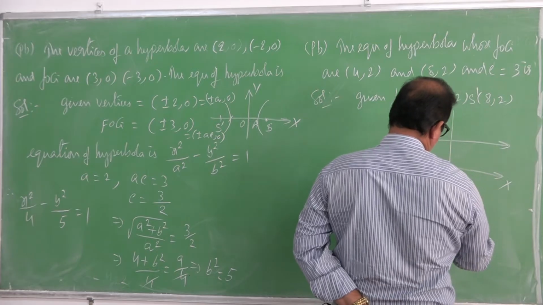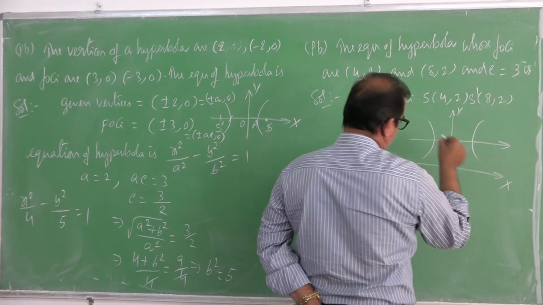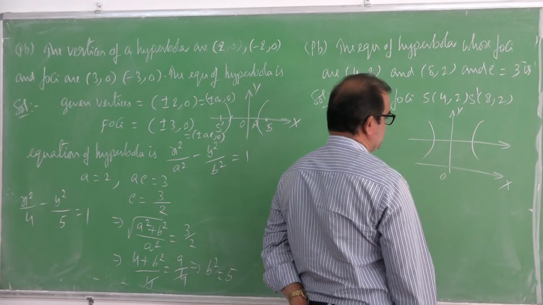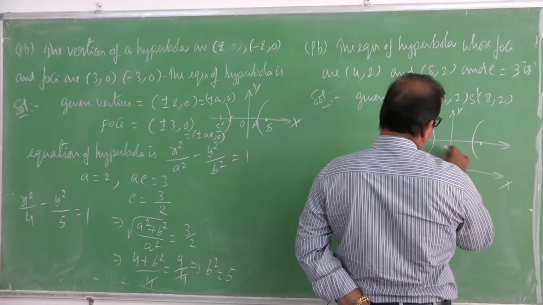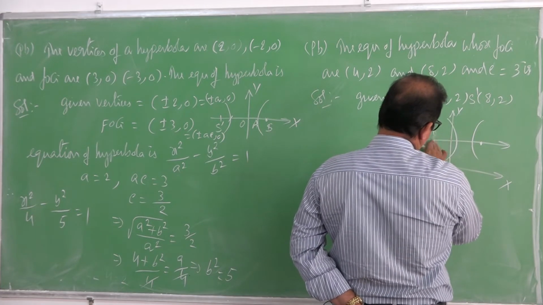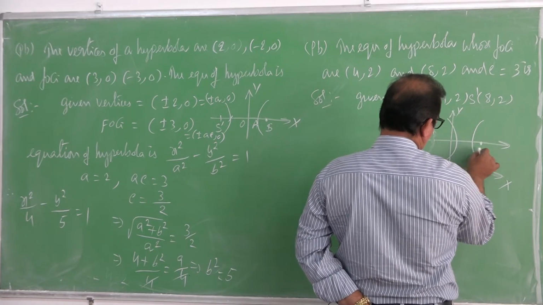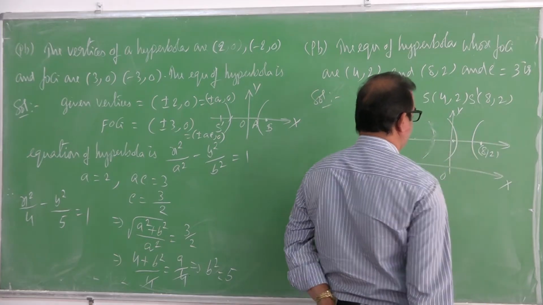Here it is x axis and it is origin and it is y axis. The shape of hyperbola is in this way. What is foci here? (4, 2). Second is in this way. It is (8, 2) and one foci is (4, 2).